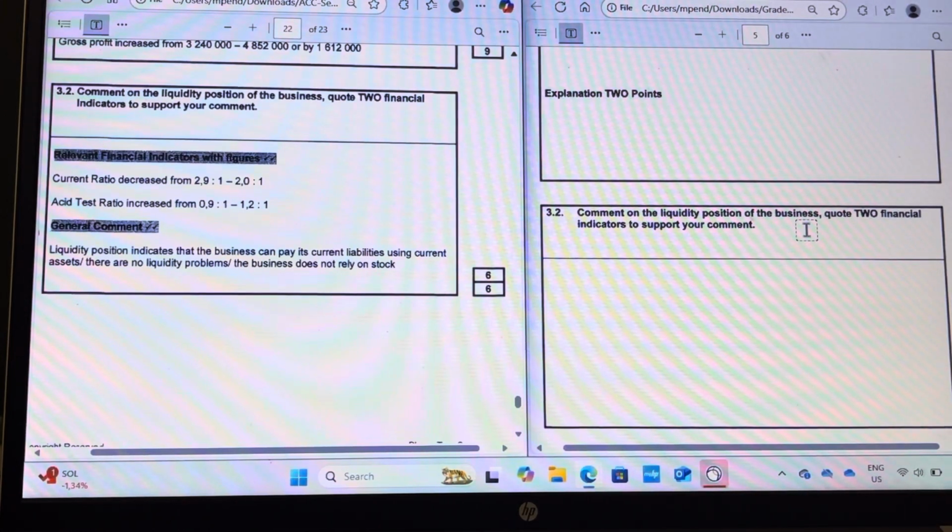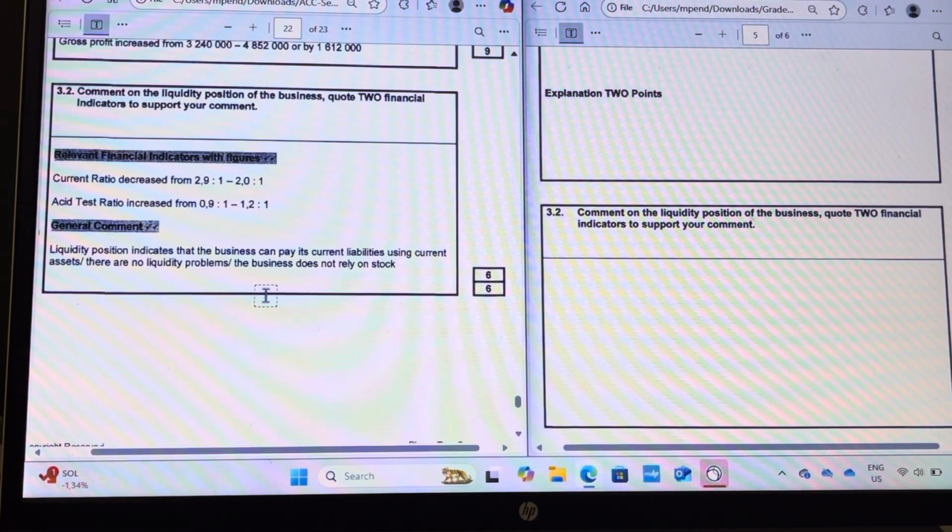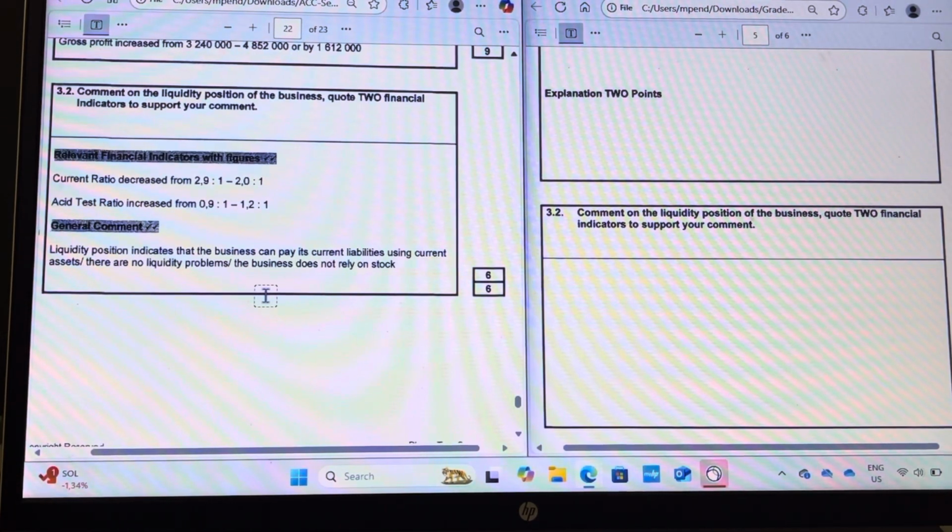You still have to comment on the liquidity. Here's the comment. Liquidity position indicates that the business can pay its current liabilities using its current assets. There are no liquidity problems. The business does not rely on stock. And already I had commented on that when calculating the ratio. You see, when you know your ratio, it becomes easy for you to comment on the ratio from the get-go.